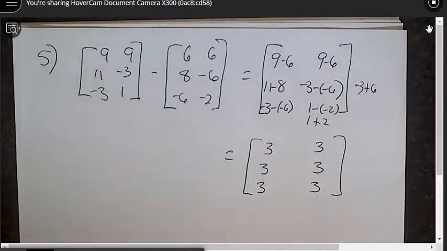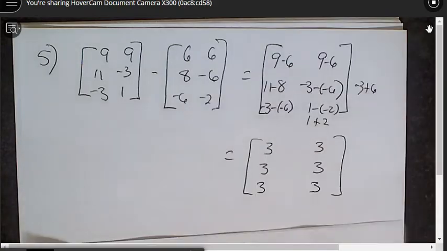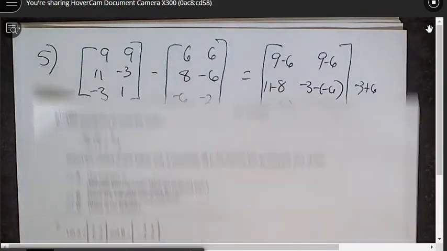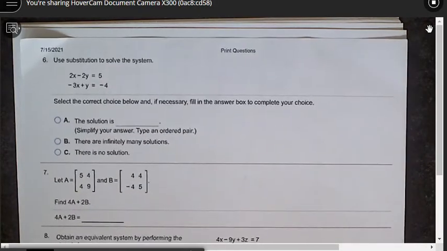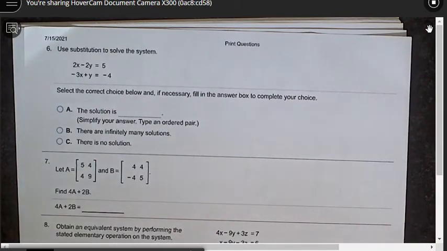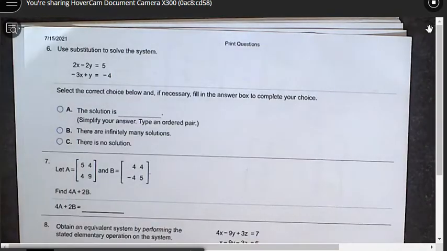Okay, number 6. Let's see what we have on number 6. This time you have a system that says to solve it by substitution. And honestly, on this one, just because it says that, it's asking for a solution. For me, honestly, I would actually solve this one by elimination.